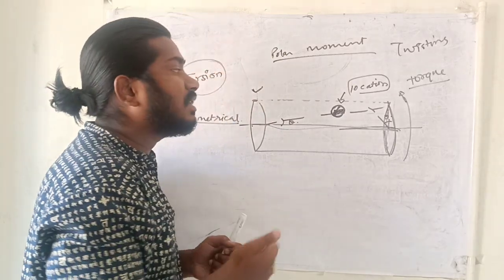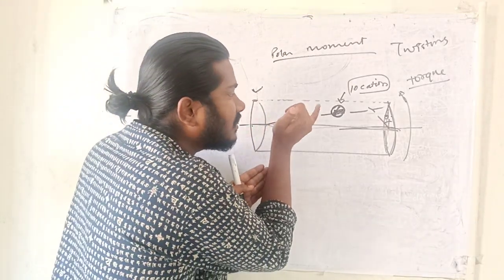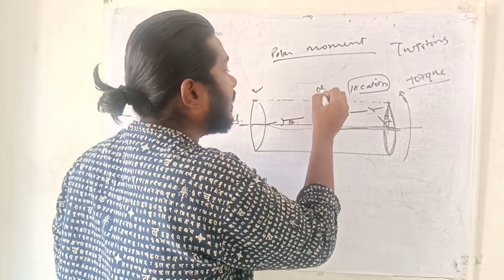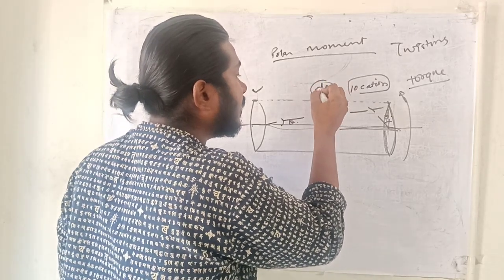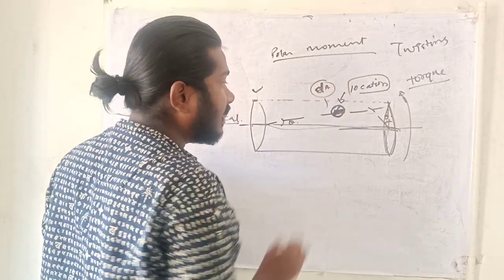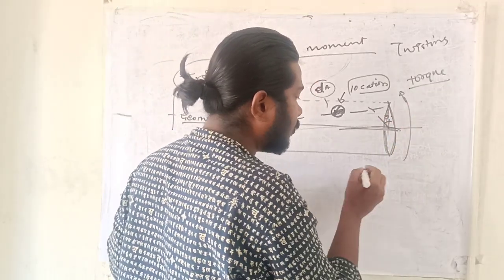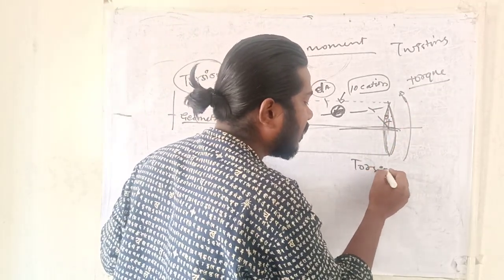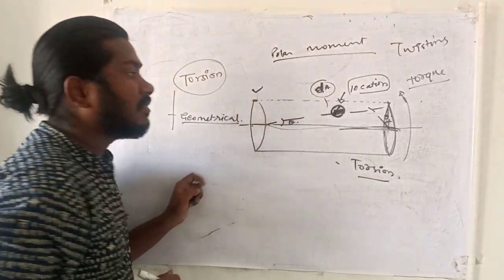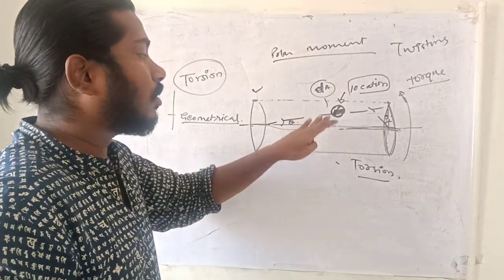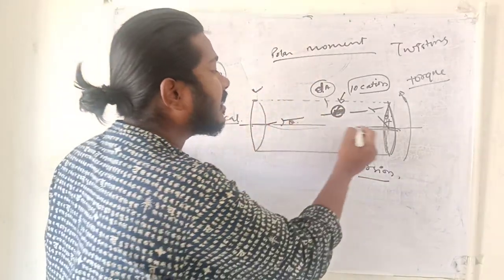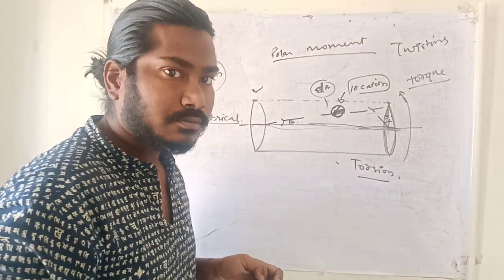Considering the location of this object having the area dA, we can find out the torsion inside this cylindrical tube.